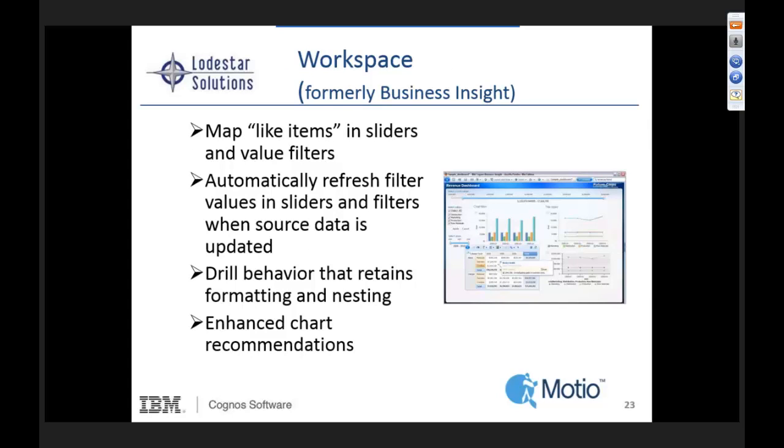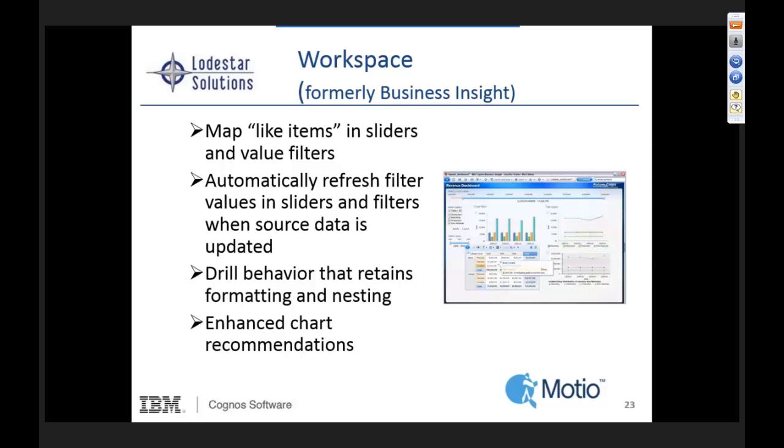So Workspace has a few changes in this release as well. The most notable change is the ability to map like items in the slider and value sliders. So for instance, before, in the older version, in 10.2, if you had two objects in a report, where one had years and maybe one had end date, which was really using year, you weren't able to link those up with one slider to control your dashboard or your workspace.